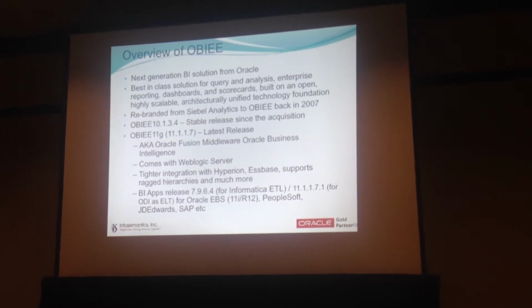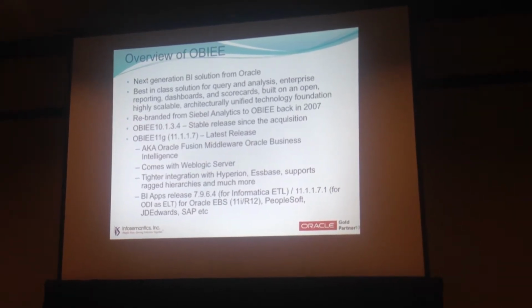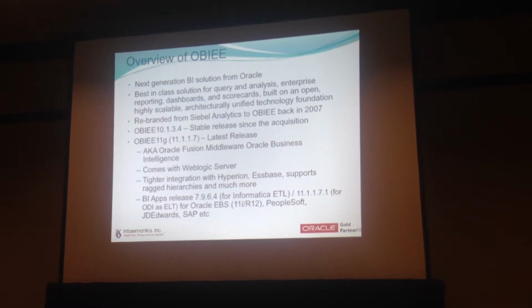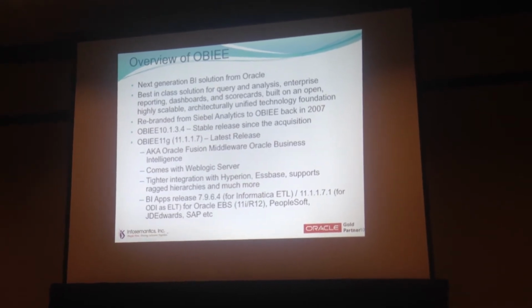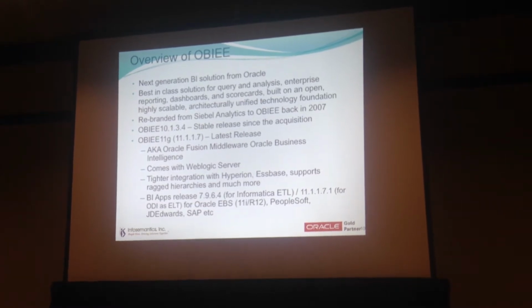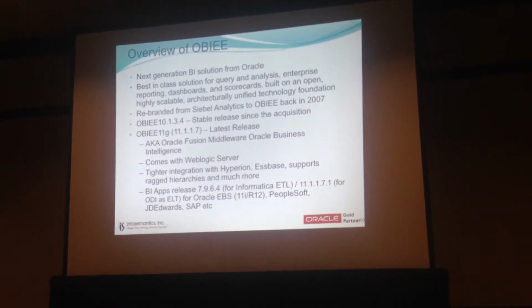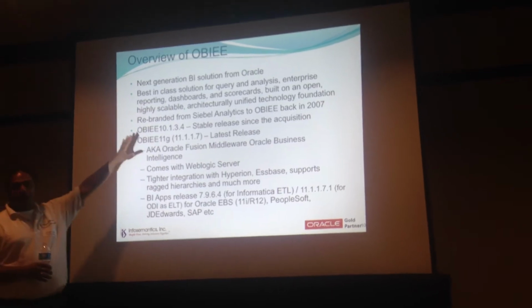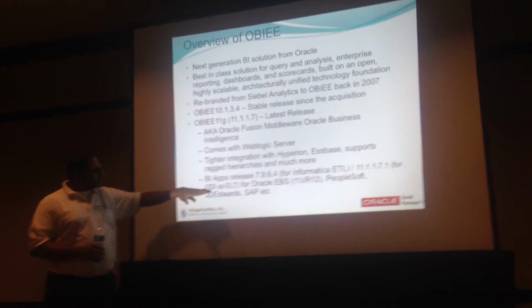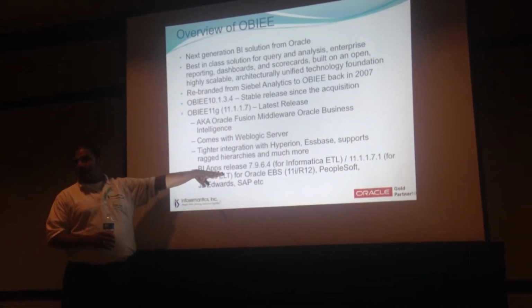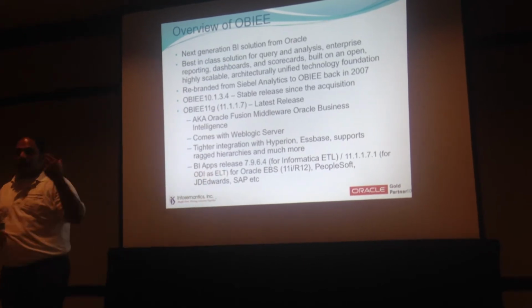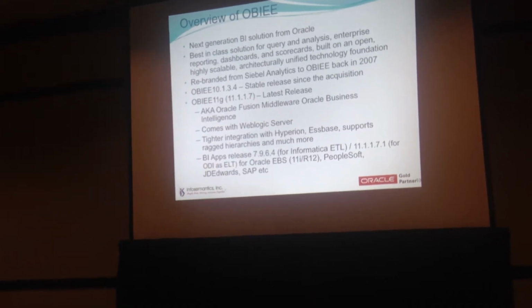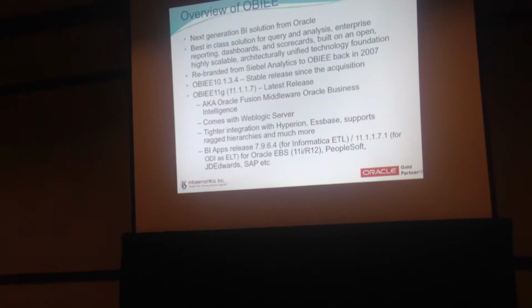I don't know how many of you know, but OBIEE 11g doesn't mean that the data warehouse comes along with it. OBIEE 11g is a reporting tool. Whereas there is another product called BI Apps, also known as OBAW.